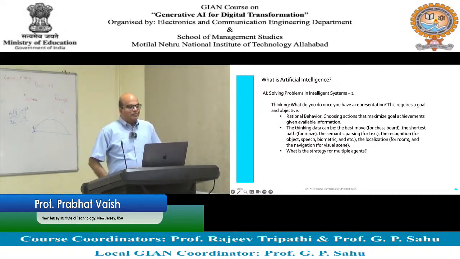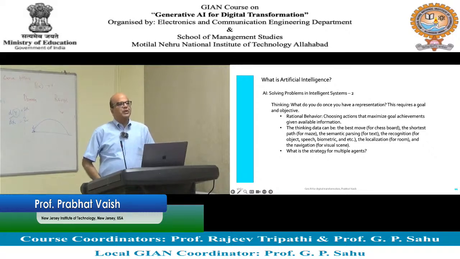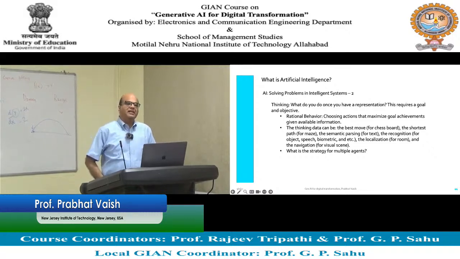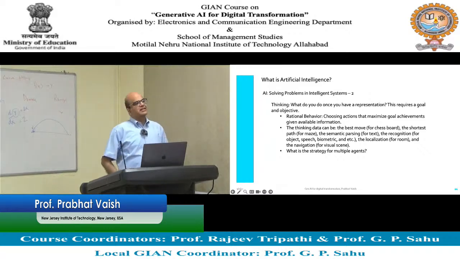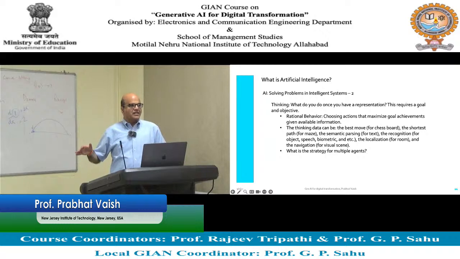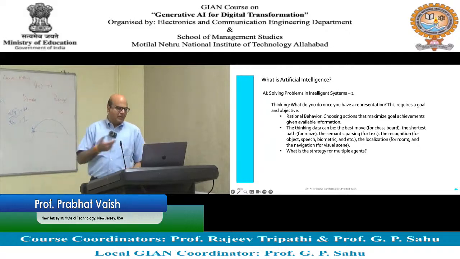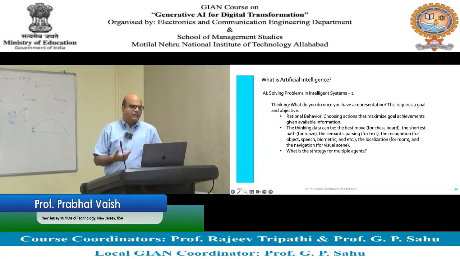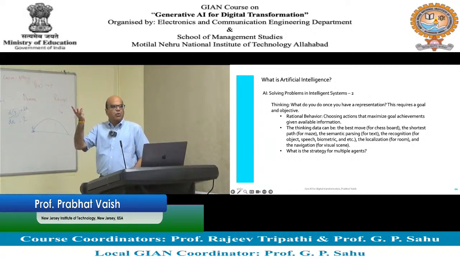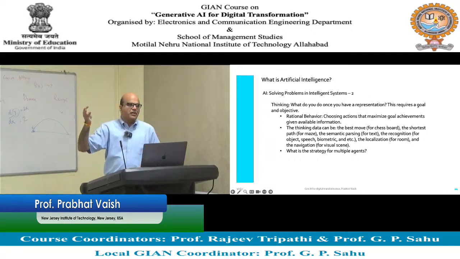Now keep in mind, there are all kinds of problems you can solve, right? In a course like this, we can't really solve all the problems. Image processing is a problem in itself. Natural language parsing is a problem in itself. So there are a lot of different areas. I think yesterday we had a couple of slides on each of these areas, what all intelligent systems can do. So starting from coding to translation to content generation, all kinds of things, right?